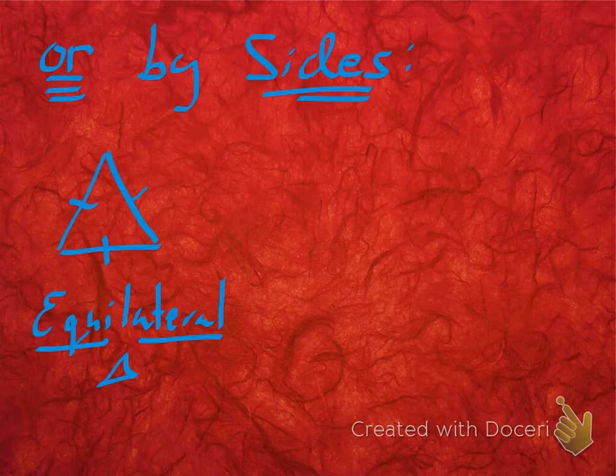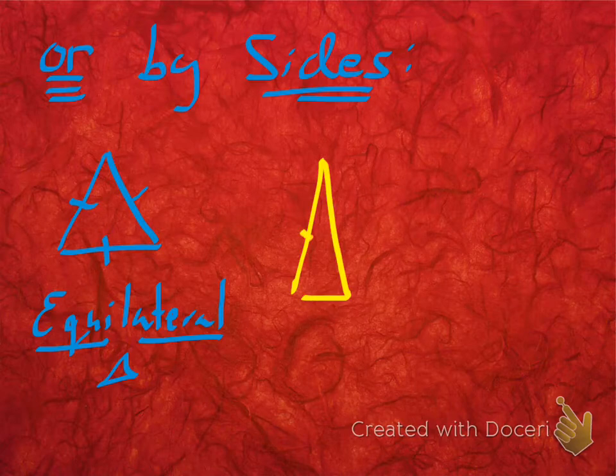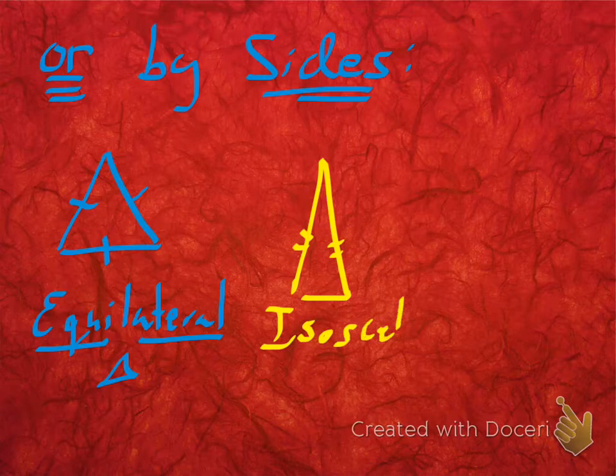Now, this is the only one that gets a little tricky: an isosceles triangle. First of all, it's spelled kind of weird: i-s-o-s-c-e-l-e-s. Iso means same, and skeles means sides. So again, this is like equilateral, but it's not saying all three sides are equal.